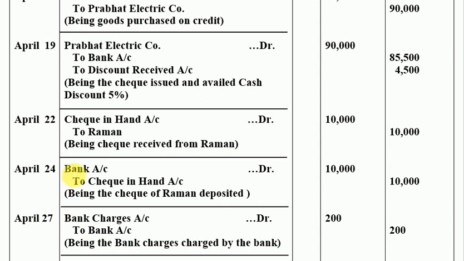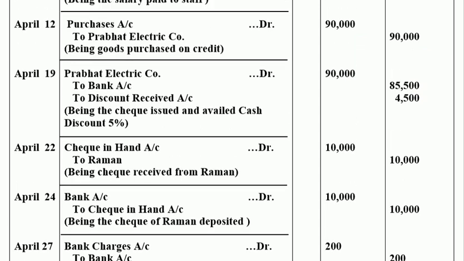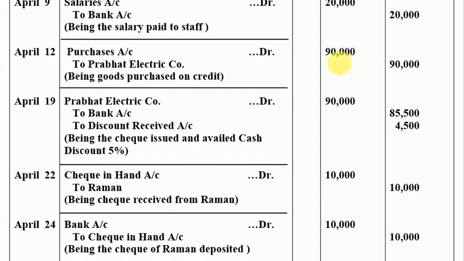So the entry for 19th April is Prabhat and Company debit to bank account. He has to pay 90,000 to Prabhat and Company, and right now he is paying 85,500, and to discount received 4,500. That means, how much did he have to pay? Out of 1 lakh he got 10% trade discount, so he had to pay 90,000.